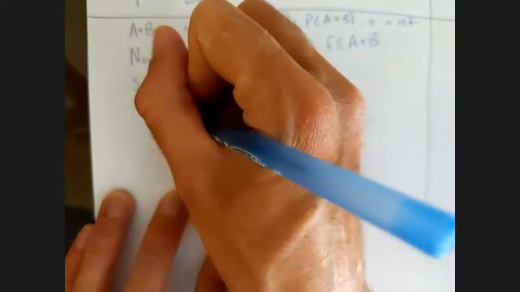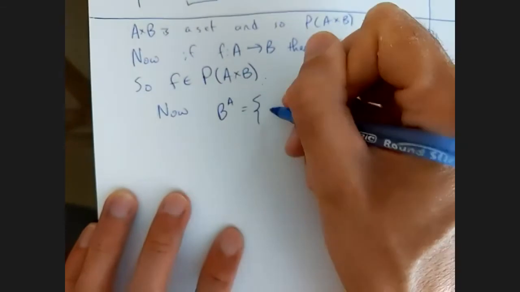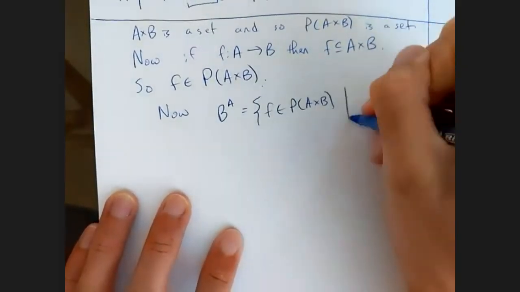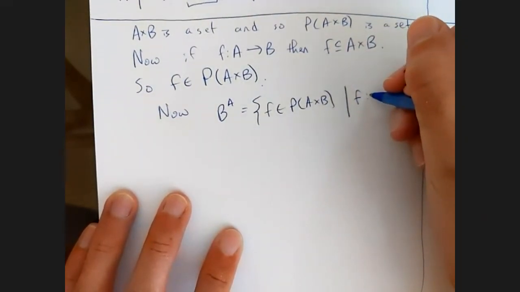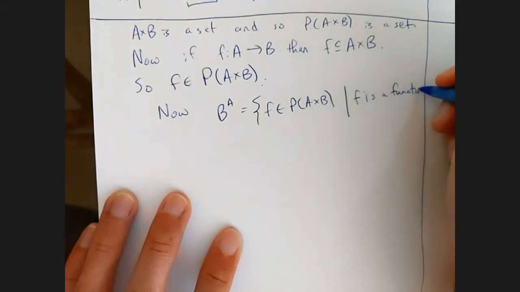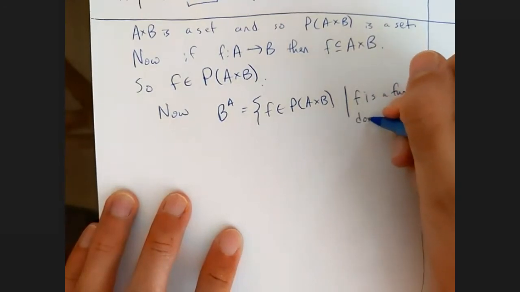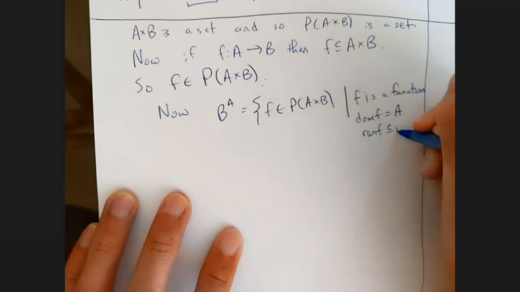So now B to the A is just the elements of the power set of A cross B such that F is a function, the domain of F equals A, and the range of F is a subset of B.